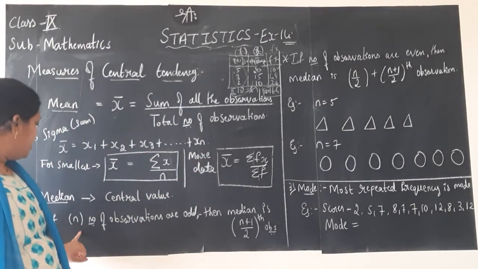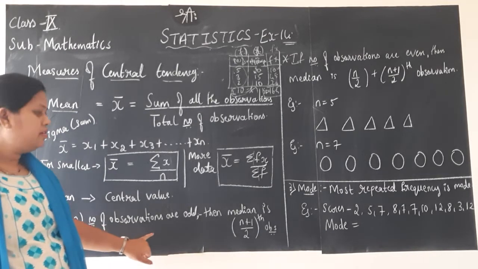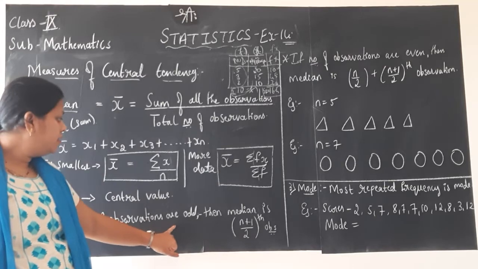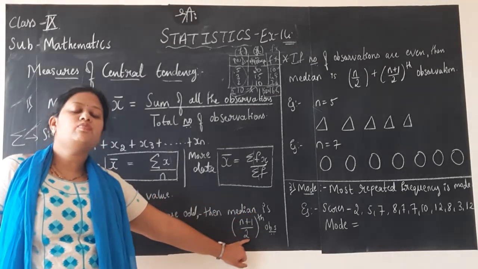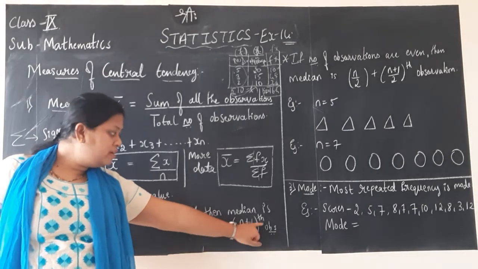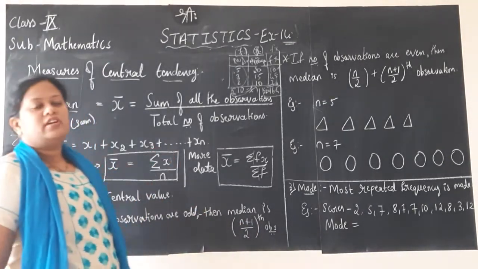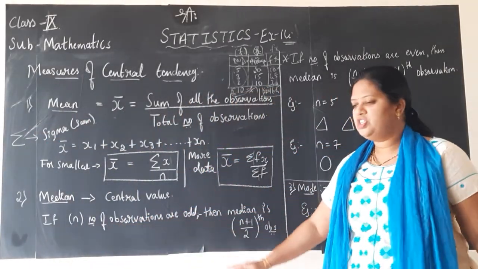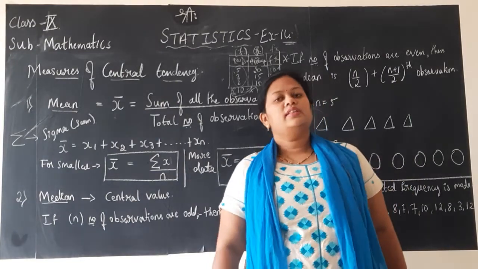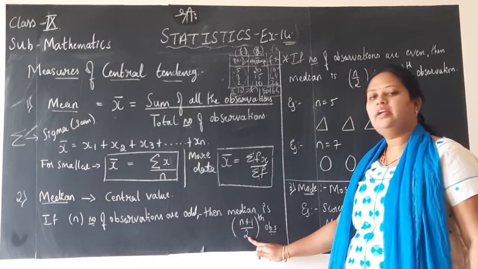If n, the number of observations, is odd, then how do you find the median? It is the (n plus 1) by 2th observation. I will explain with the example. The formula used is n plus 1 by 2.